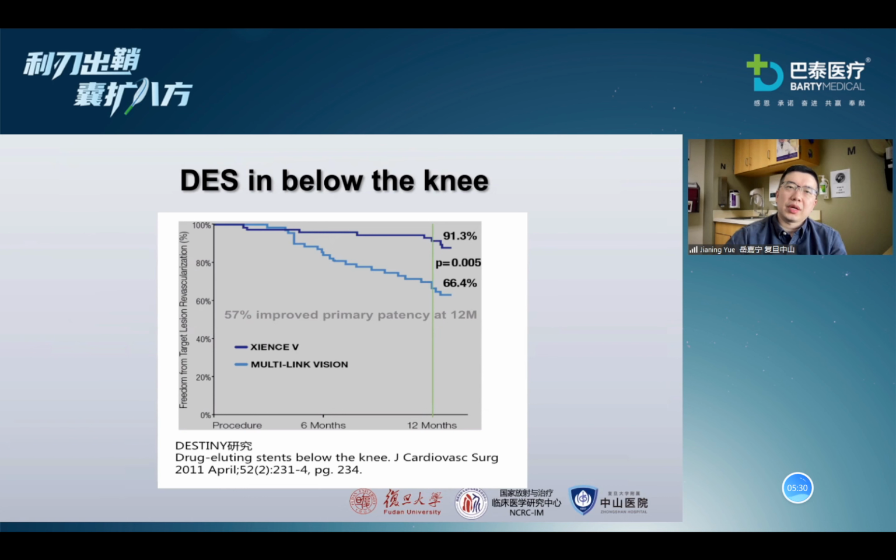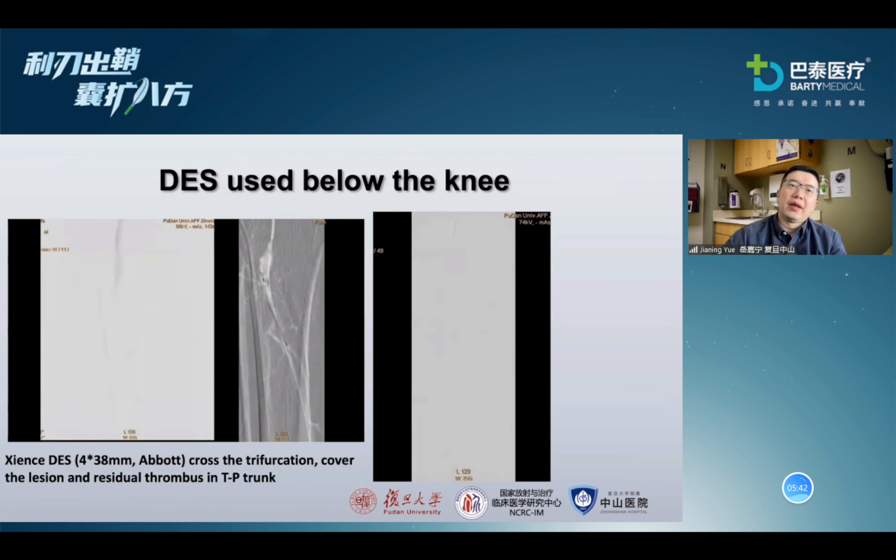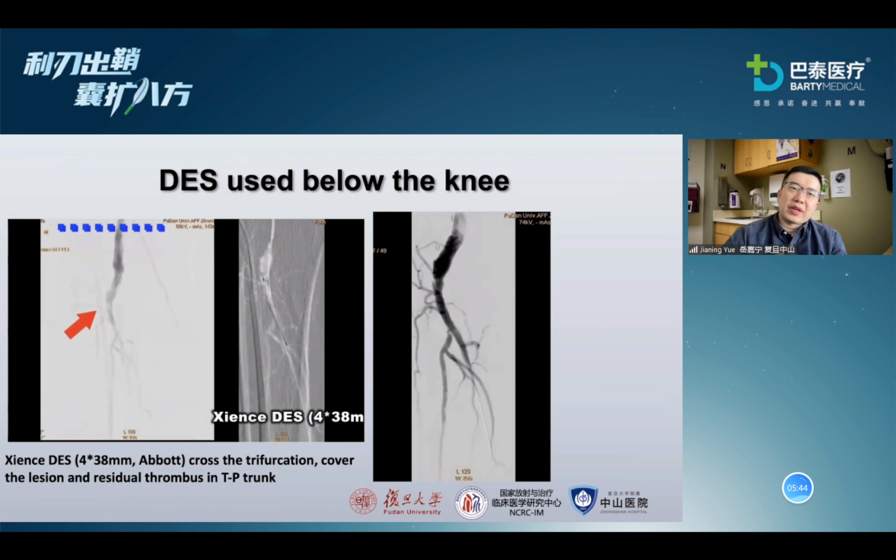Because of the BTK evidence in the US, I think for Science BTK, this stent in the US has an indication for BTK. So at the BTK trifurcation, we use DES to do the revascularization. You can see a very good angiogram, very good flow. However, at the trifurcation, there's calcification and also thrombus.